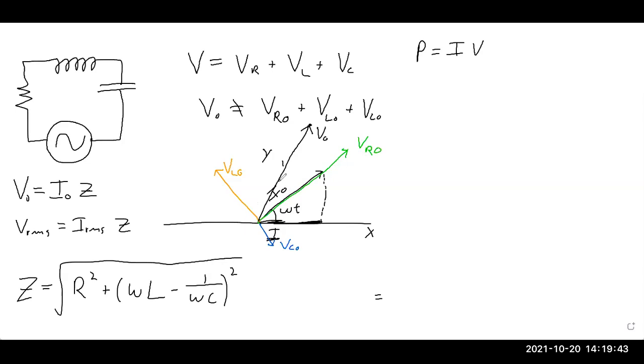And we can figure out what that phase is. So the tangent of this phase is going to be what we get from the difference of our voltage across the inductor minus the voltage across the capacitor, divided by the voltage across the resistor.